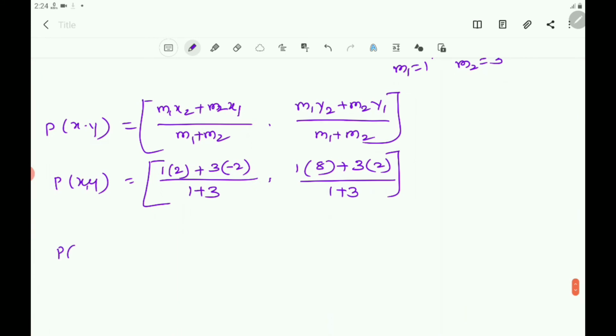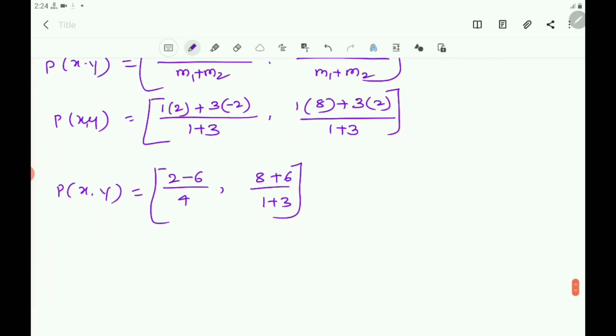Then P of x, y equals 1 2s are 2, 3 minus 2s are minus 6 by 1 plus 3, 4. Then 1 8s are 8, 3 2s are 6 by 1 plus 3. Then P of x, y equals 2 minus 6 is minus 4 by 4, 8 plus 6 is 14 by 4.